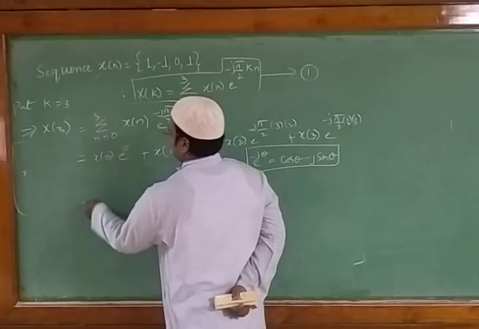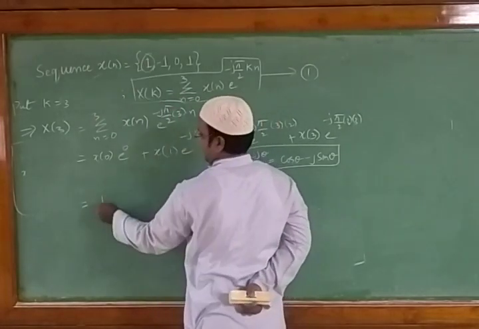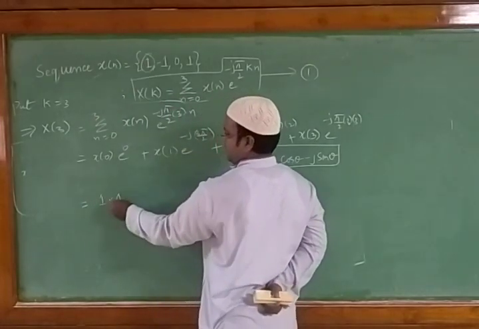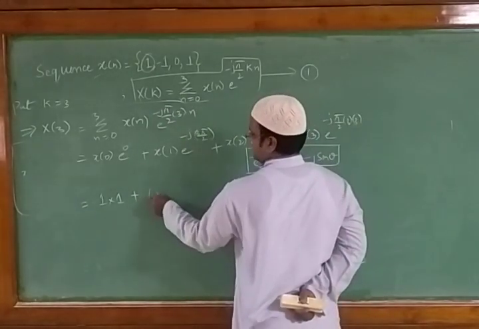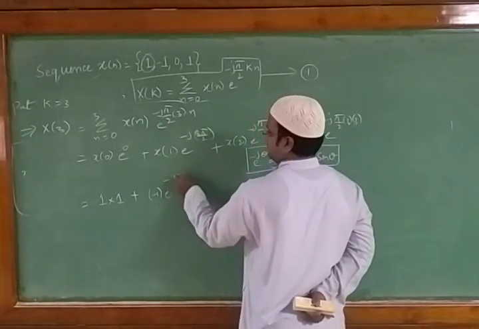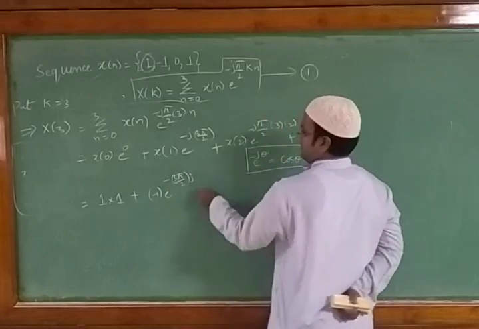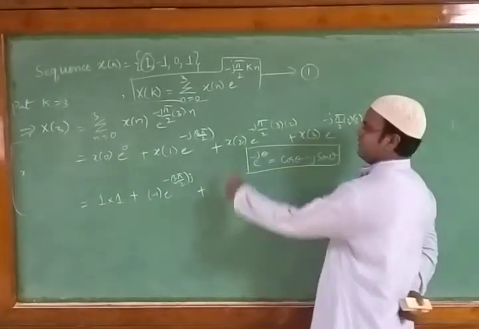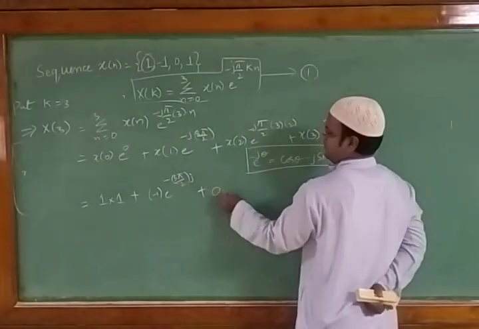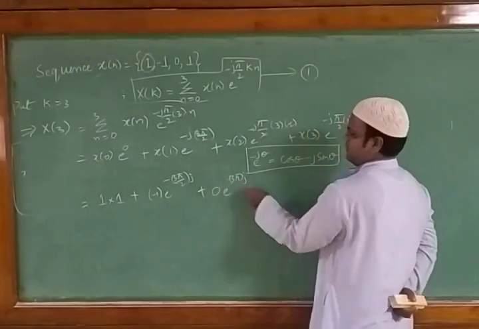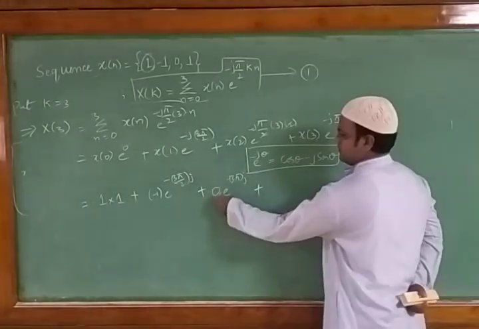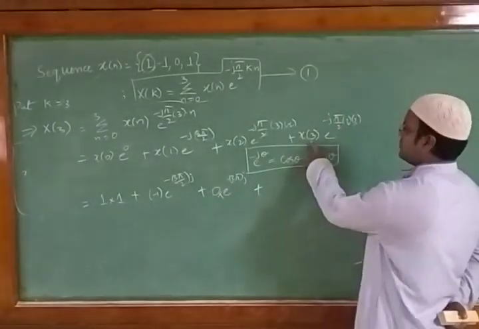So now tell me, what is x of 0? This is your x of 0. 1 into e power 0 will be again 1, plus x of 1. What is x of 1? Minus 1 e power minus 3 pi by 2 of j, plus x of 2. What is x of 2? We do have x of 2 is 0 into e power this to cancel minus 3 pi j, plus this is 0. That number we put. Next thing, x of 3. What is x of 3?